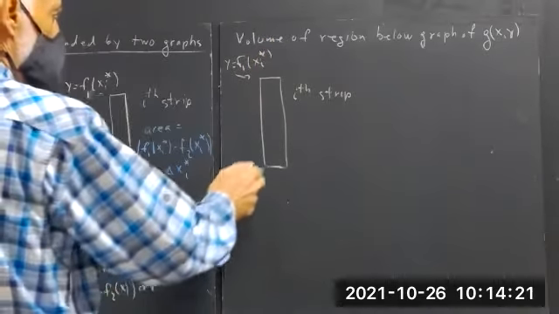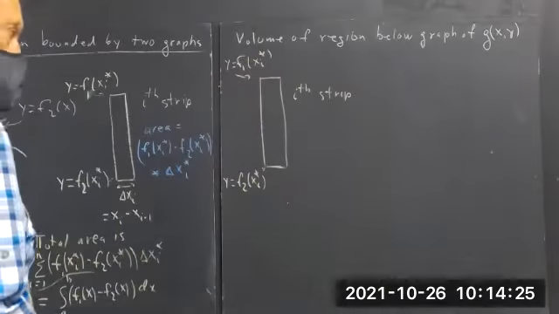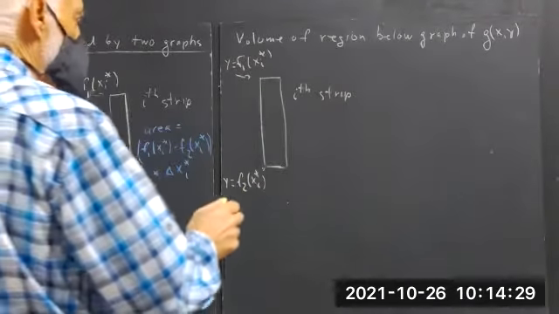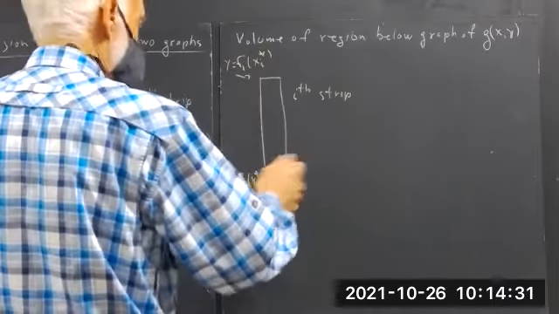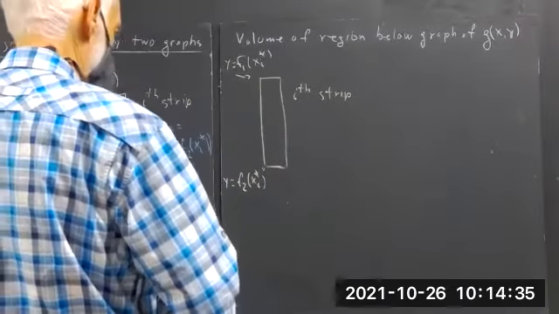Again, Y goes from F2 of Xi star to F1 of Xi star. And then we partition the interval.